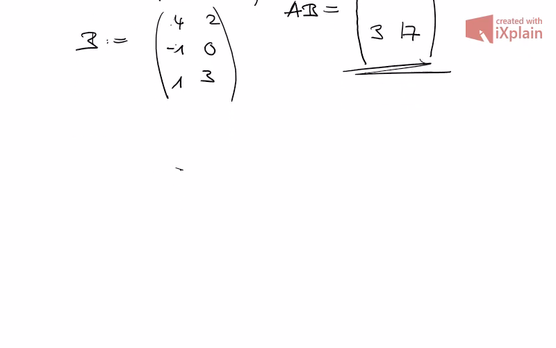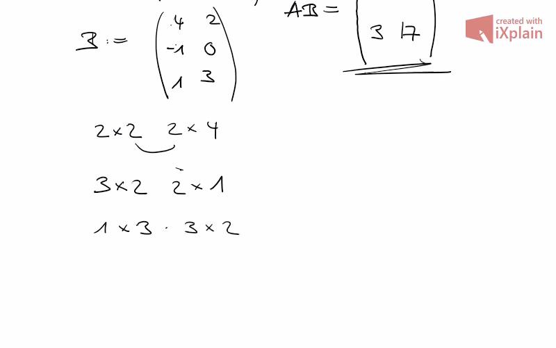So practice that for matrices of size, I don't know, 2 by 2 times a 2 by 4 matrix. These numbers need to align, of course. 3 by 2 times a 2 by 1 matrix, maybe something else, 1 by 3 times a 3 by 2 matrix, things like that. But please practice that.